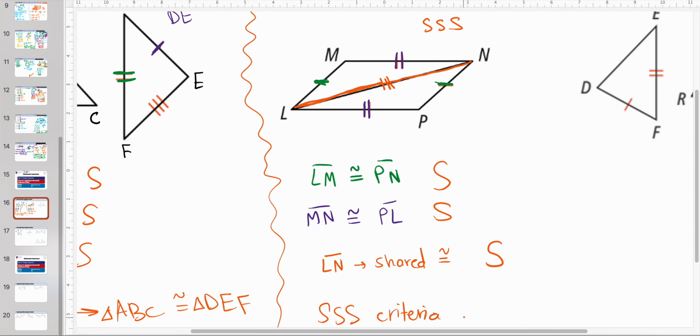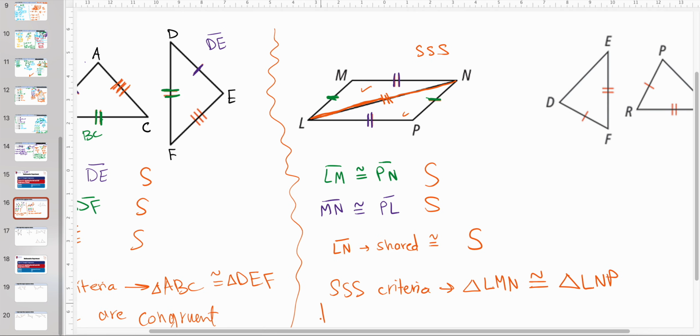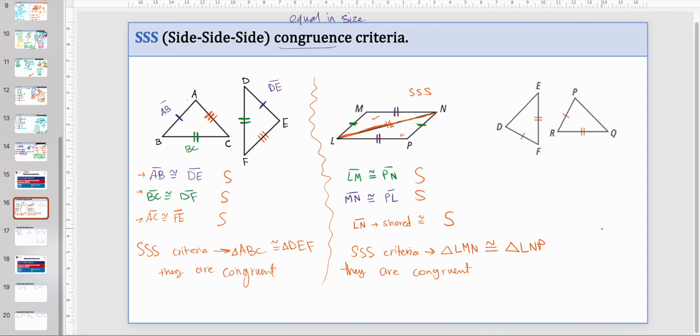Therefore, the two triangles on top and down are congruent, exactly the same size. So the triangle LMN, which is this triangle on top, is congruent to the triangle LNP.